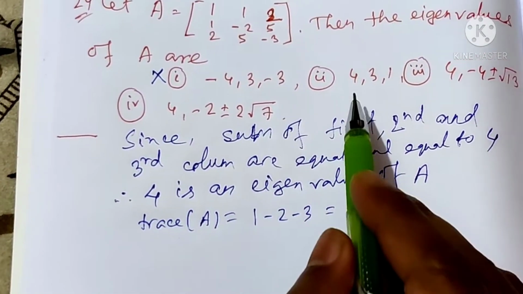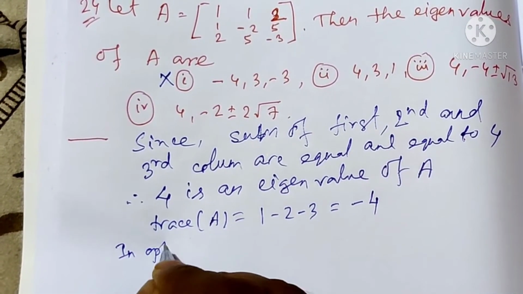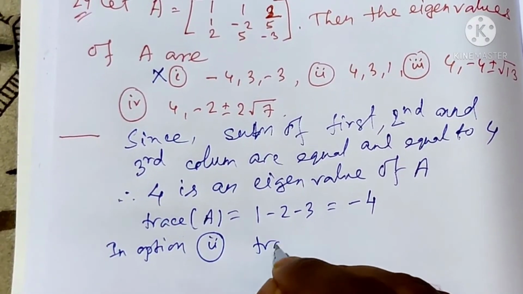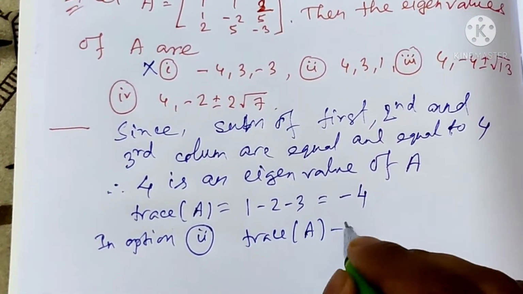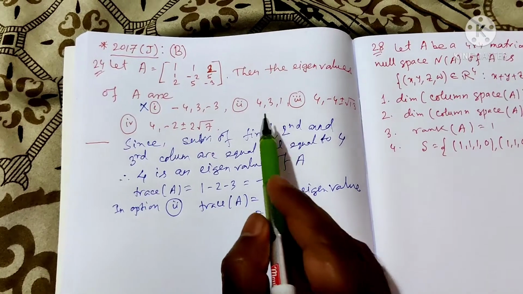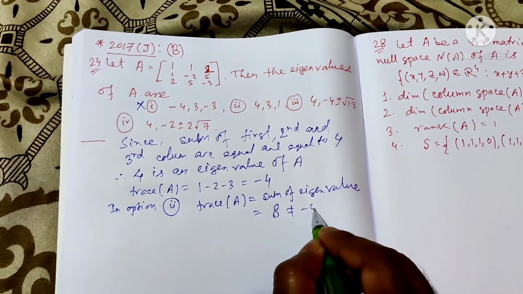Now in option 2, trace of A equals the sum of eigenvalues 4 plus 3, that is 7, not equal to minus 4.